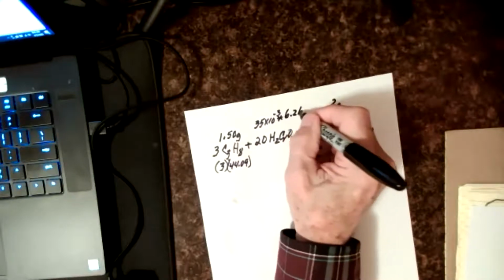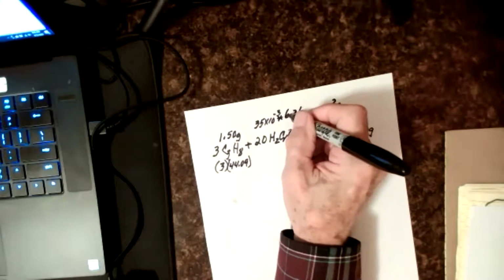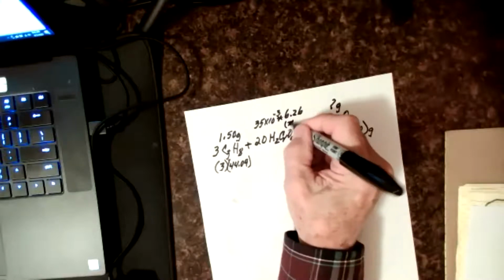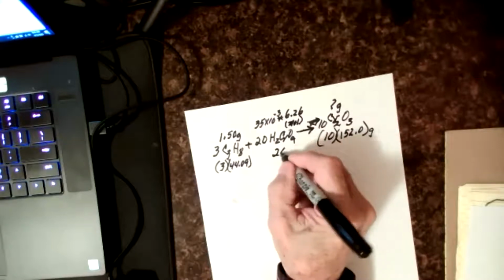So if I take volume in liters and molarity in moles per liter, the product is going to be moles. The equation is showing 20 moles.